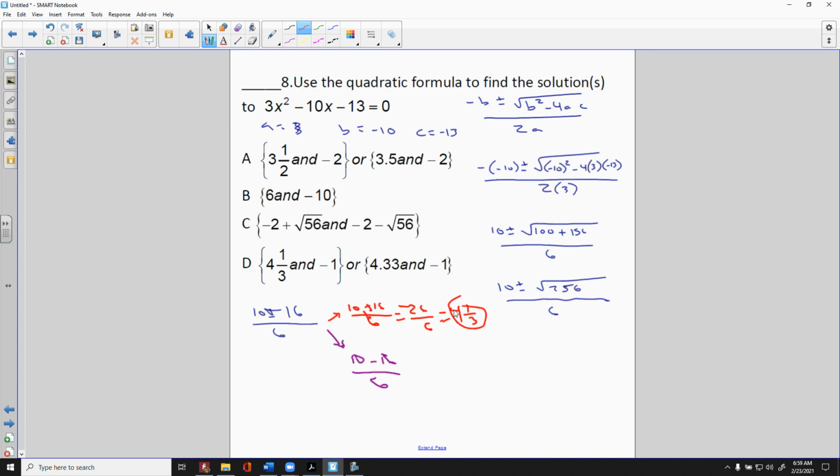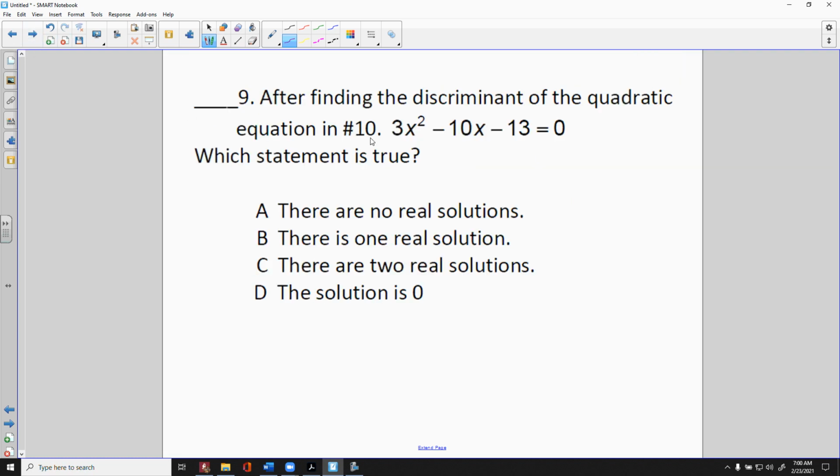Cool, that works. So positive. And then we look at 10 minus 16, that is -6 over 6. Should be a -1. So D works. Cool.